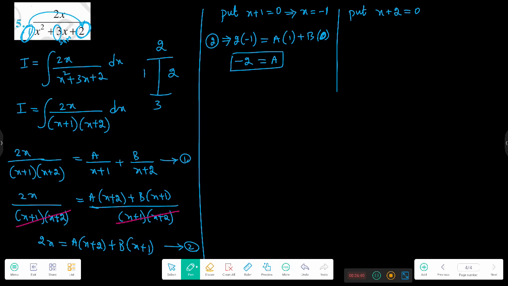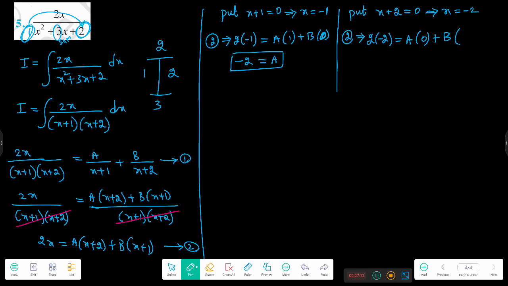Now we'll go to the next term, that is, put x plus 2 equal to 0. Here I am using the second factor, x plus 2 equal to 0. So this implies x equal to minus 2. Then in equation 2, 2 into minus 2 is equal to a into (x plus 2) which we assumed 0, so a into 0 plus b into x value, which is minus 2.